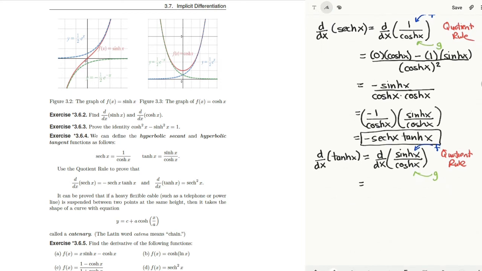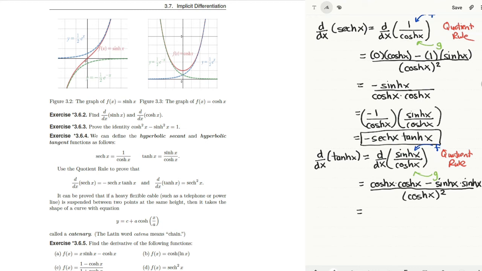So the derivative of sinh is cosh times g, which is cosh, minus sinh times the derivative of cosh, which is sinh. And this is all over cosh of x squared.